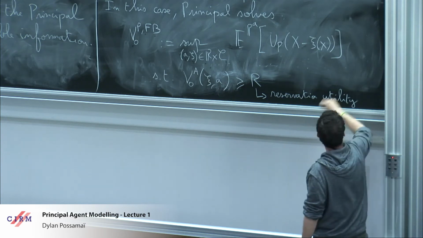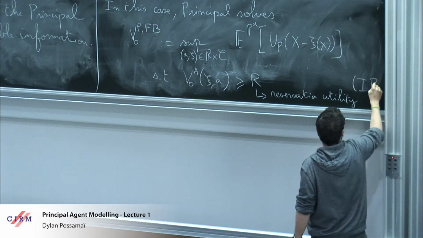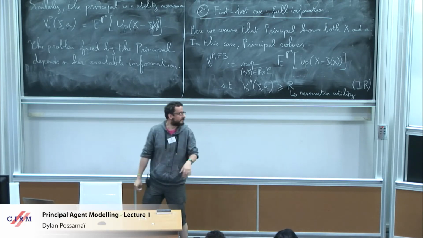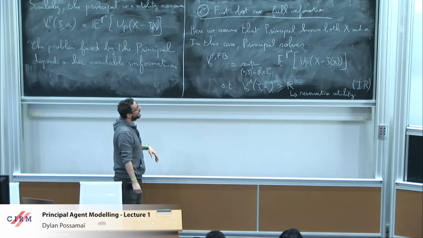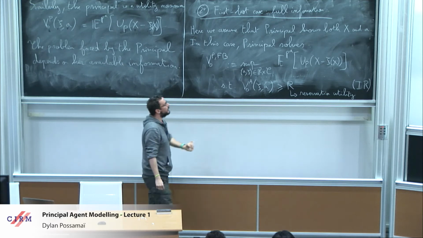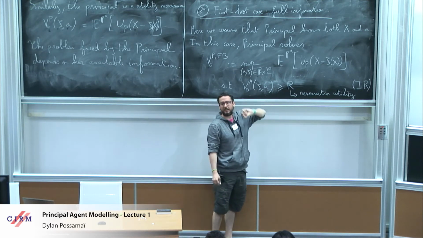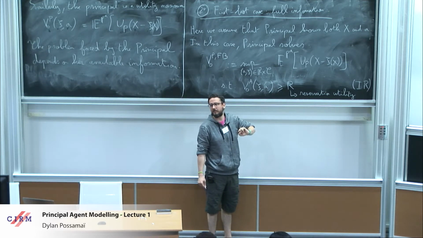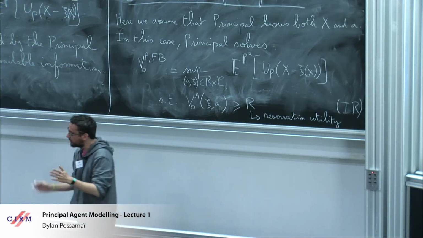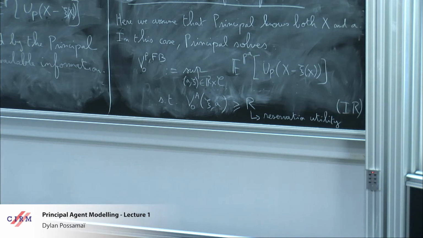And this constraint here is usually called the IR constraint for individual rationality. So the point is just that the agent says, okay, I will do what you tell me, but I will only accept contracts such that I at least get this amount of utility. Because maybe this is what I can get from a competitor. So if you don't give me at least that, I don't accept the contract.